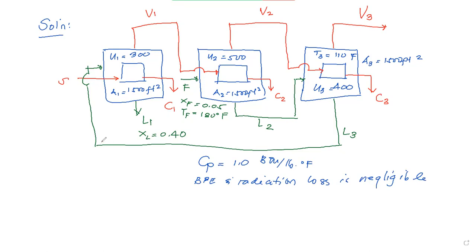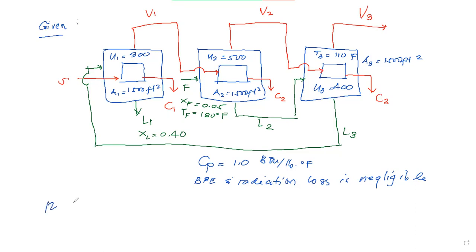Okay. So go over the problem that was just read a while ago and check whether we missed anything there. So you are to determine the feed. This is the given.